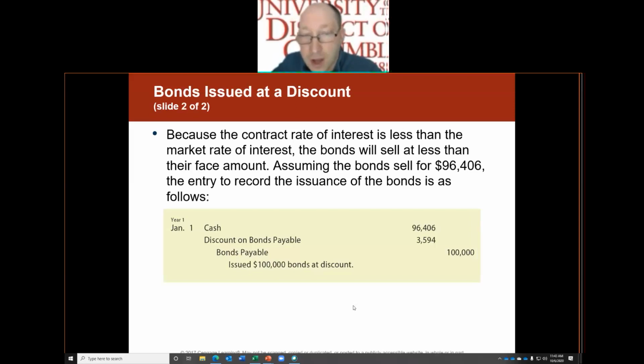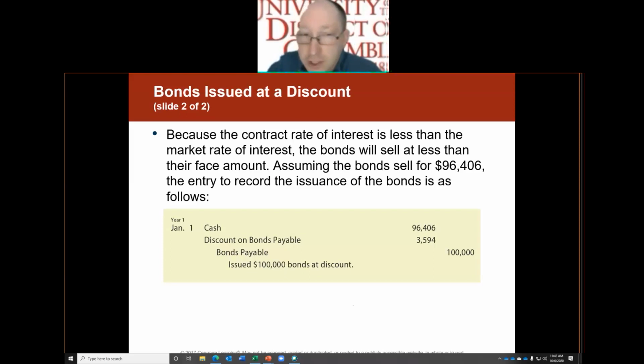So how do we get there? When there's a discount, the corporation is not going to receive the full amount. We're going to receive it at a discount. So the corporation will receive $96,406, not the full $100,000.